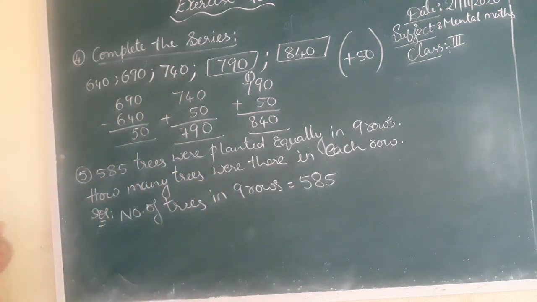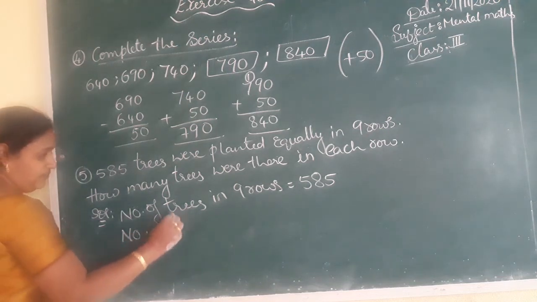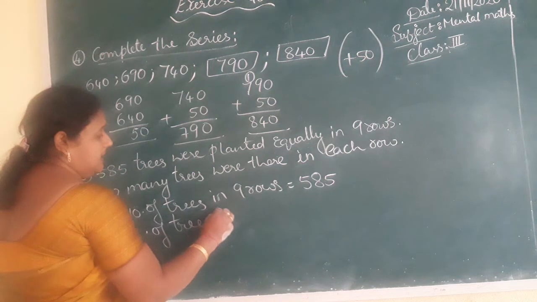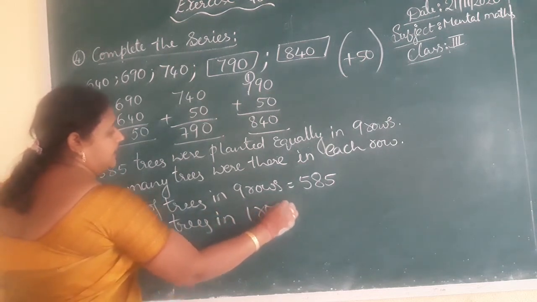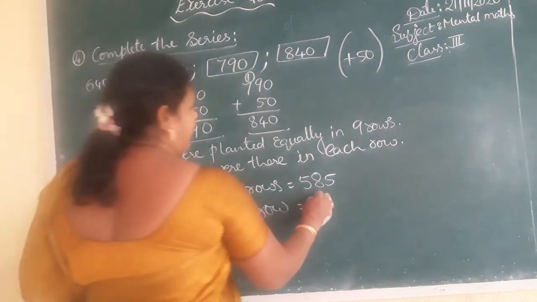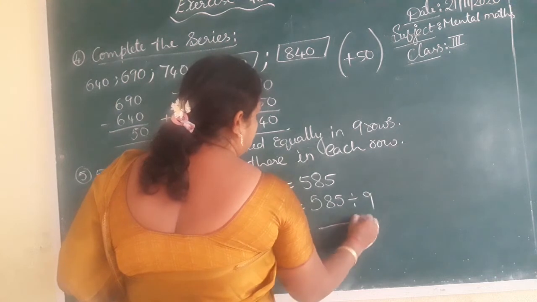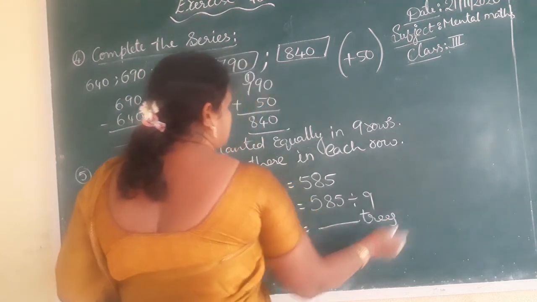In that, how many trees were there in each row, they are asking. 9 rows they have given. Now they are asking us to find for one row. So, 585 divided by 9.